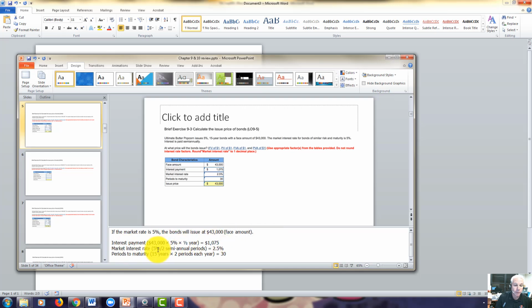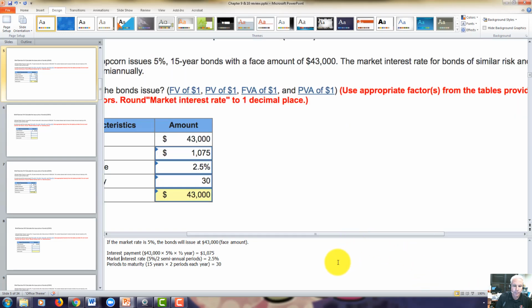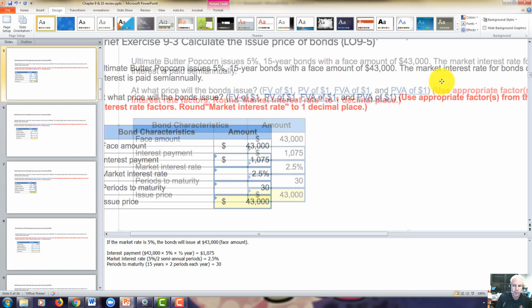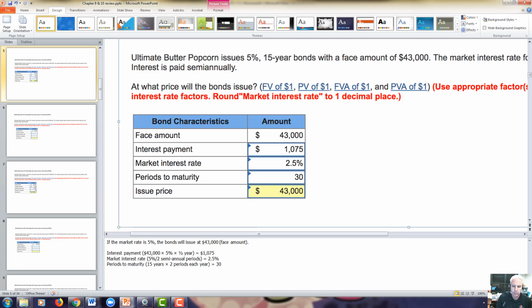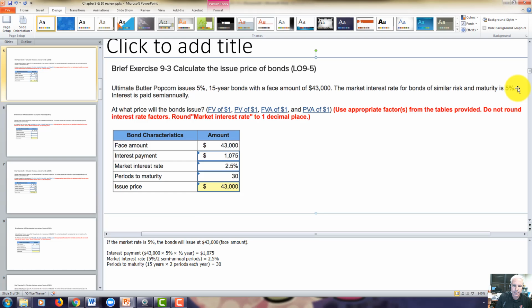The market rate of interest, remember, since it's semi-annual, we're going to divide it by 2. And the periods to maturity, it's going to be 15 years, semi-annual times 2, so 30 periods.